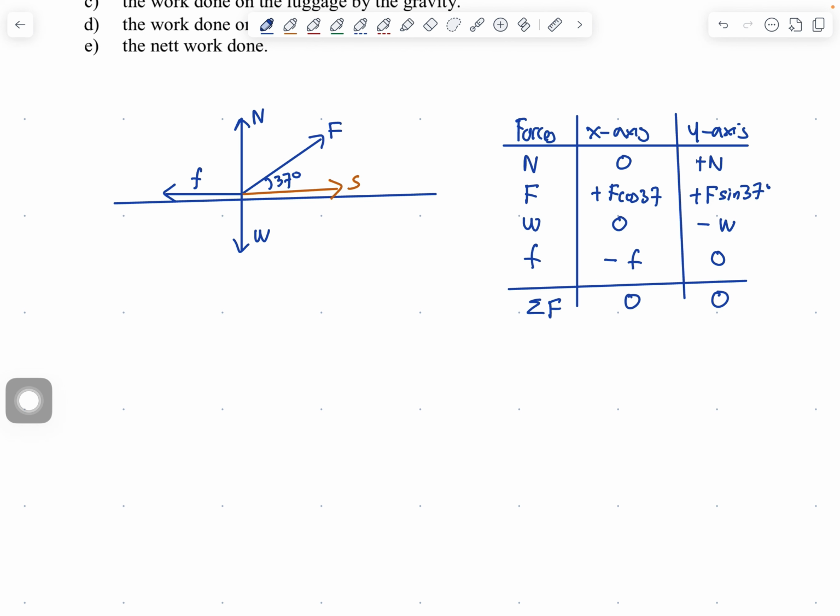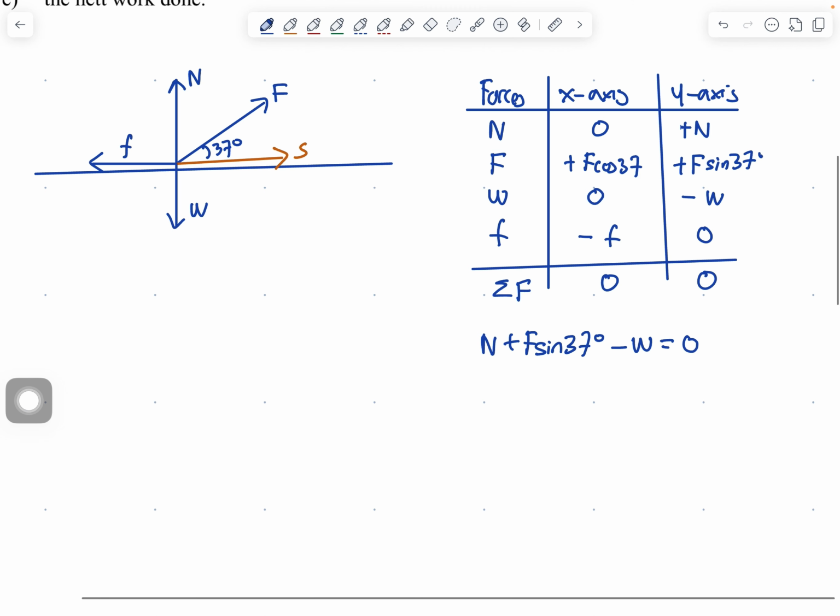The first equation is from the y-axis, which is N plus F sin 37 degrees minus W equals 0. So I'm going to rearrange this equation.